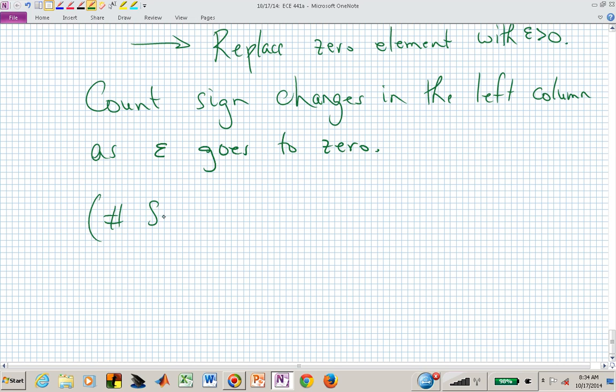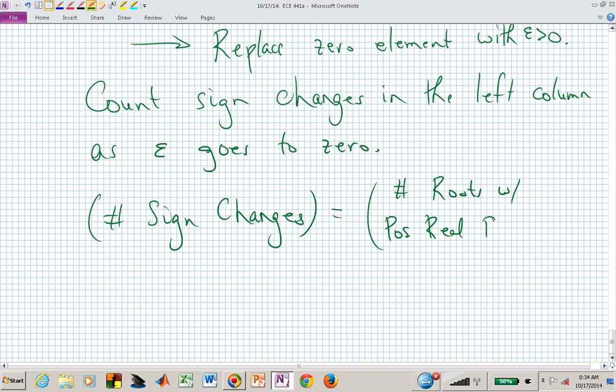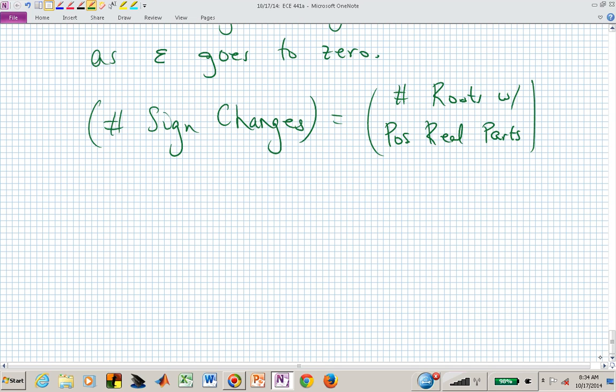The number of sign changes in the leftmost column of this newly completed Routh array is going to equal the number of roots with positive real parts. That's the second possibility.